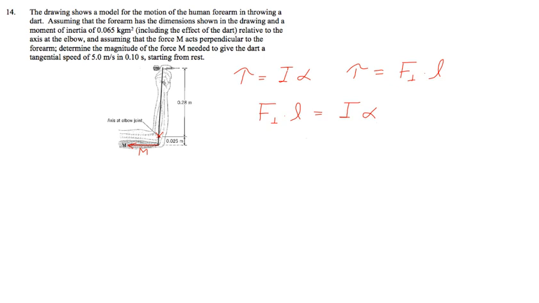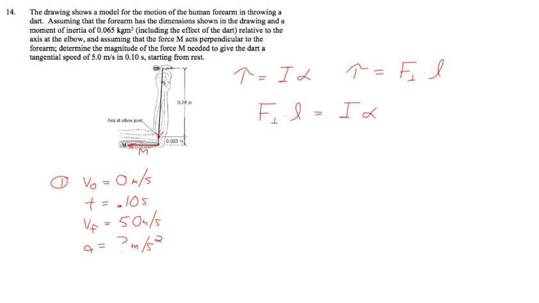If I list my facts, my original velocity is 0 meters per second, the time is 0.10 seconds, and the final velocity is 5 meters per second. With those numbers, I can solve for the tangential acceleration of the arm. So that's the unknown.